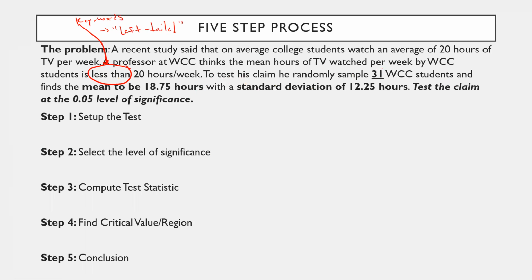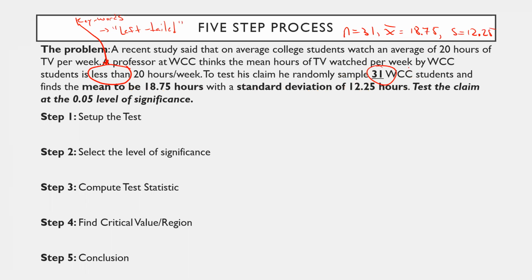He randomly samples 31 WCC students. So right off the bat, you're given the sample size, 31, and he finds the mean of that sample. So you're given x bar to be 18.75, and a standard deviation of 12.25. That was my sample data.